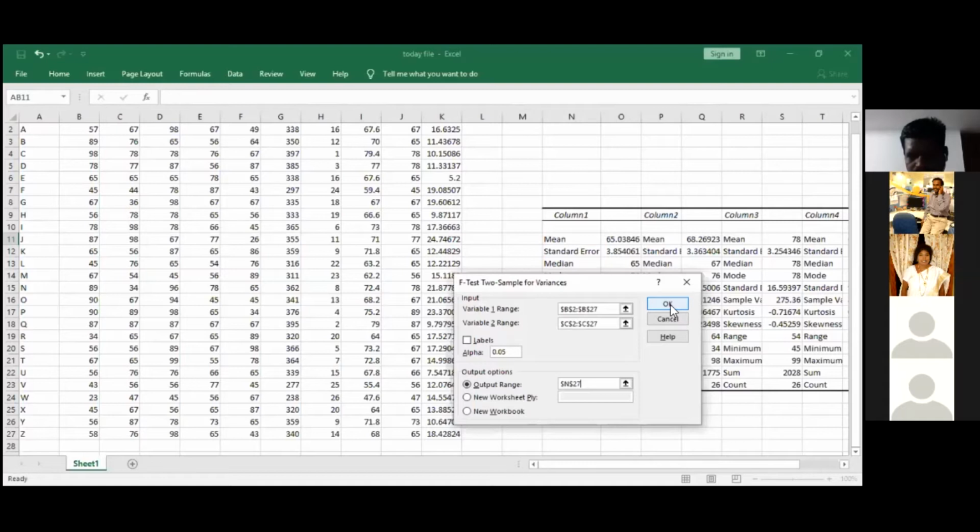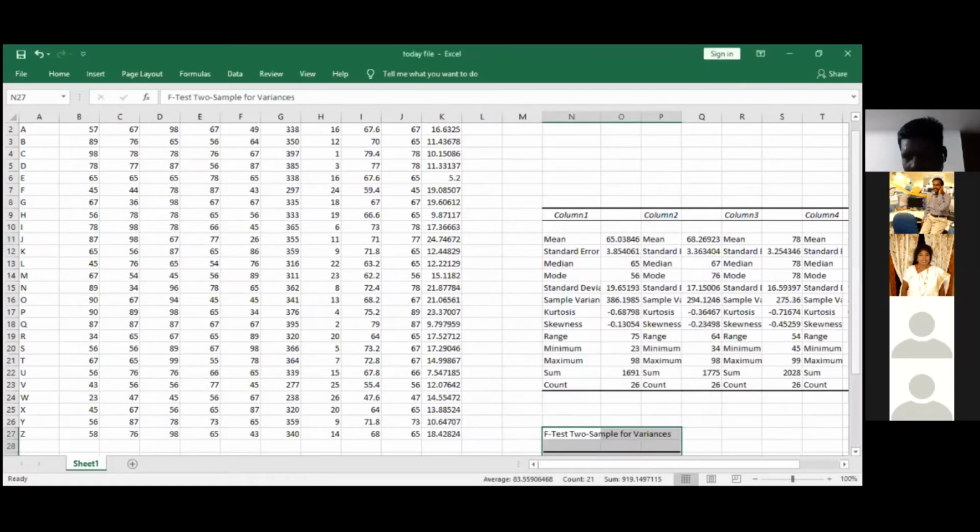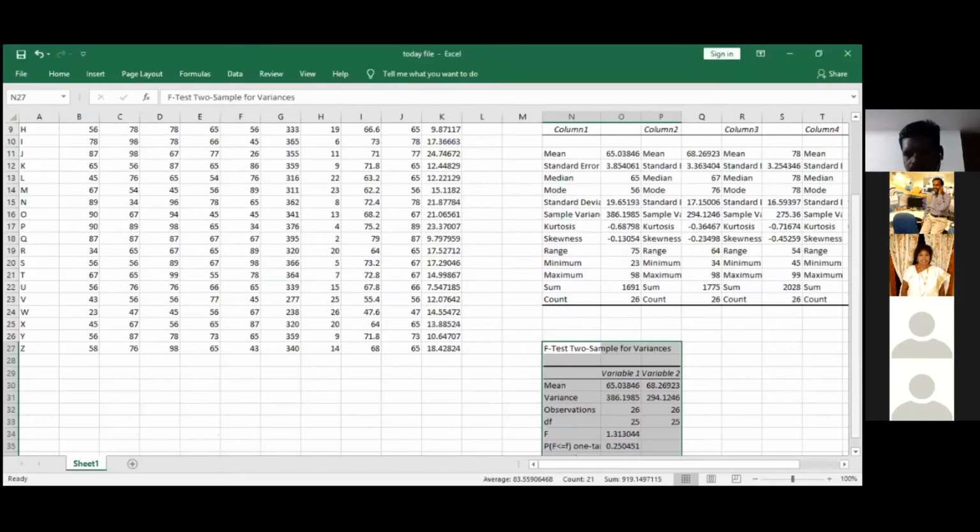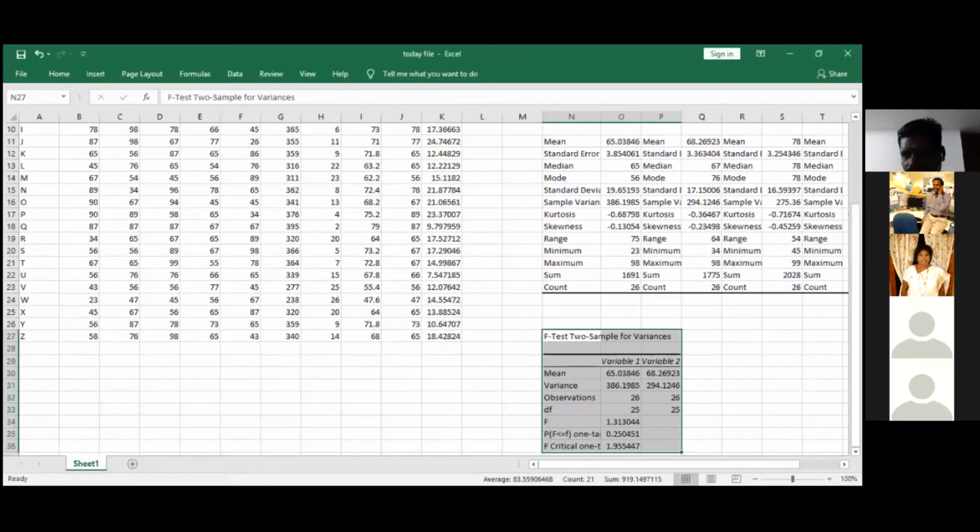Click on OK. So this is for variable 1 and variable 2.